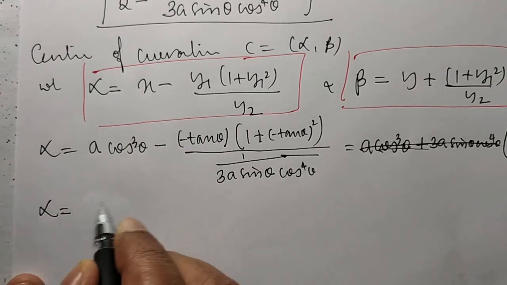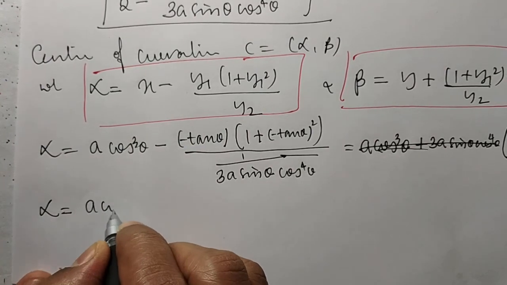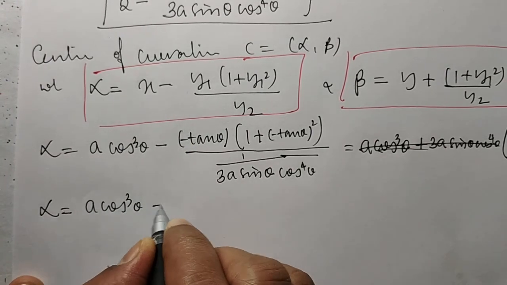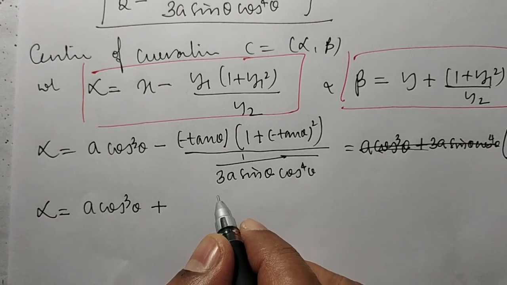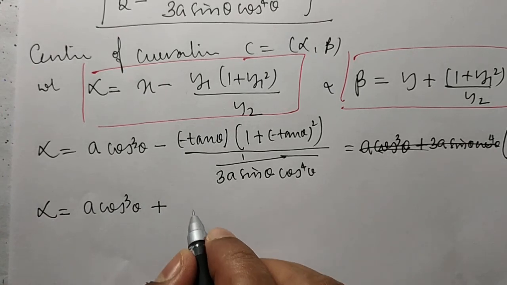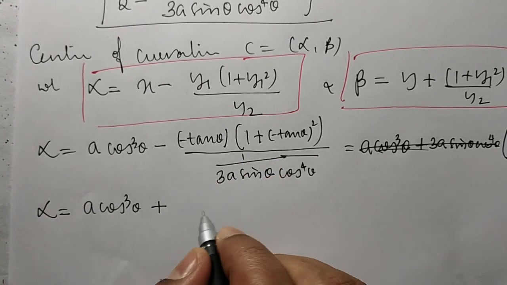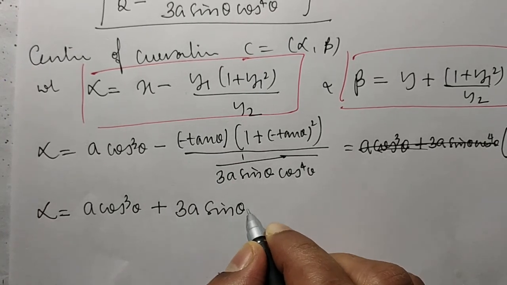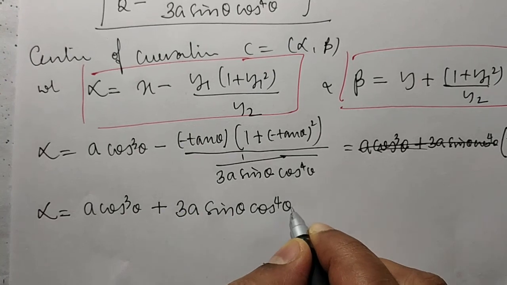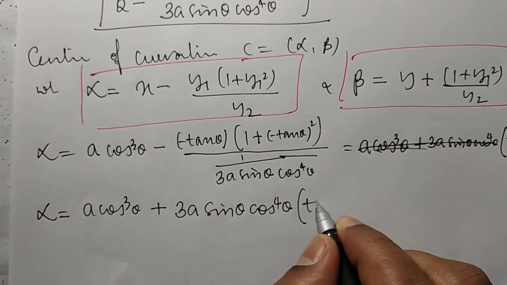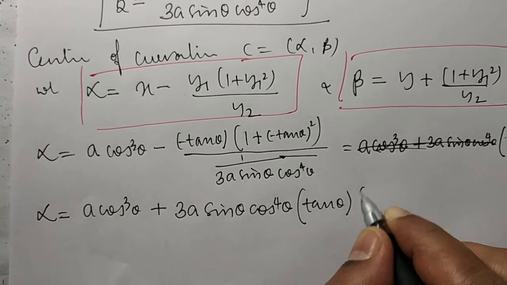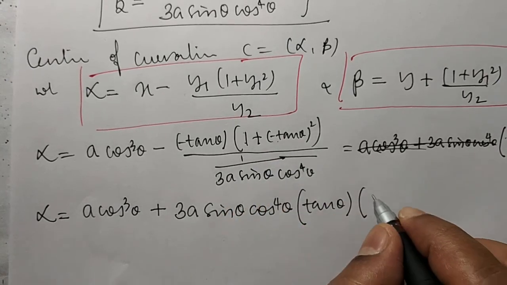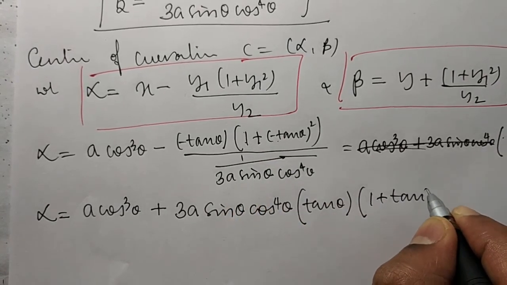Alpha is equal to a into cos cube theta plus that into 1 by this, it goes to numerator. So 3a into sin theta into cos raised to 4 theta into tan theta into 1 plus tan square theta.